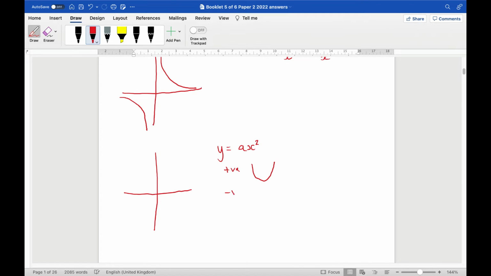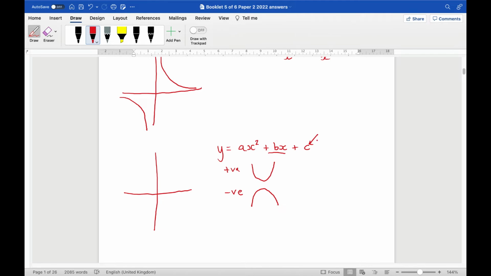If a is negative, then it is N-shaped, or an upside down U. Now, there may or may not be an amount of x's like we would see in a quadratic equation, and there may or may not be a number at the end. These do not change the shape of the graph. It's just that x squared that tells me what the graph looks like.